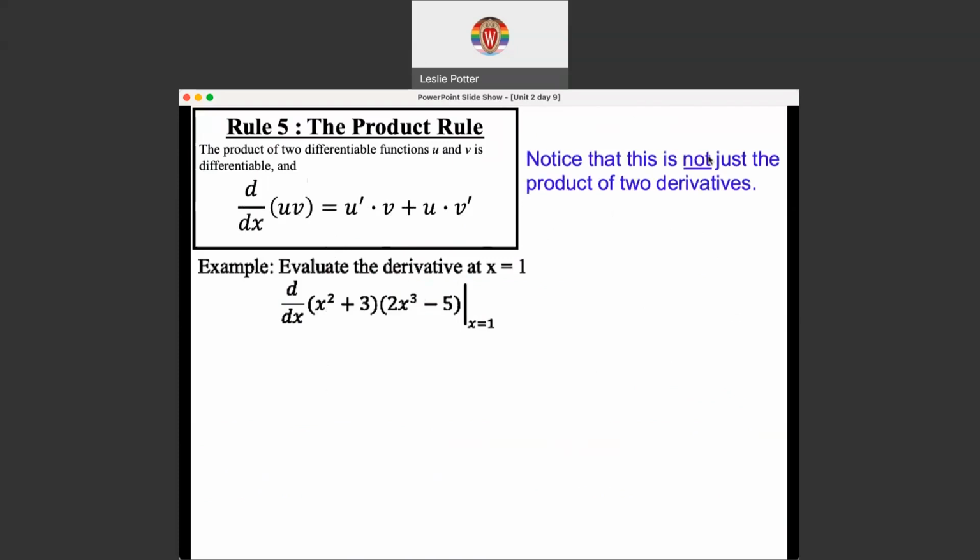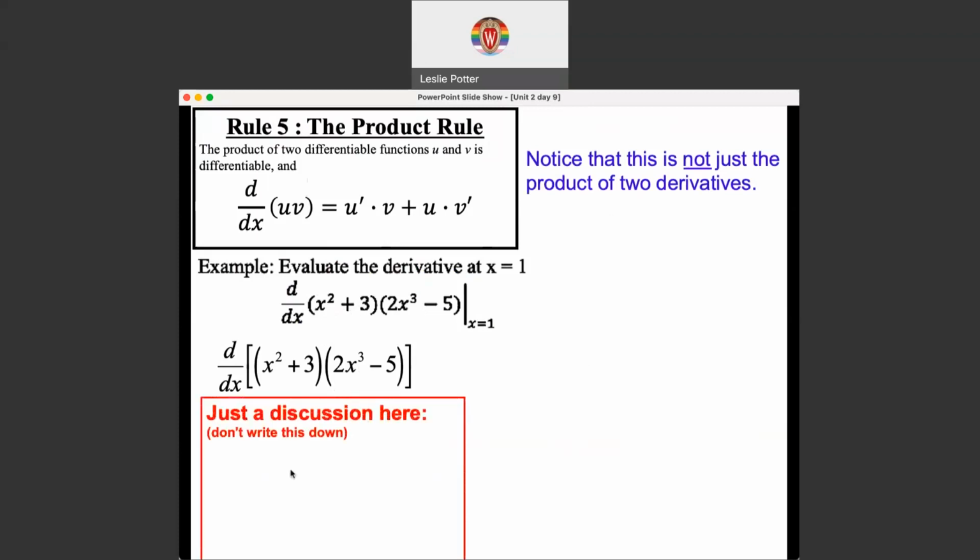Remember, we tried that and it didn't work. So we're taking the derivative of this product. So don't write this down. I'm just going to FOIL this out. There's my FOIL. There's my derivative, and there's my answer. Okay, right? 10x to the fourth, 10x, 18x squared, 0. This is just so we can check our work.